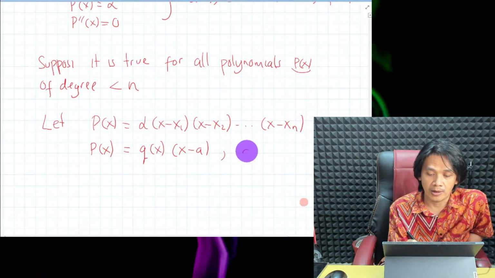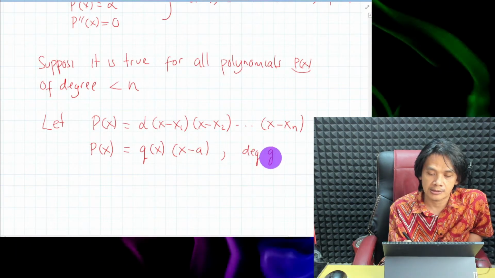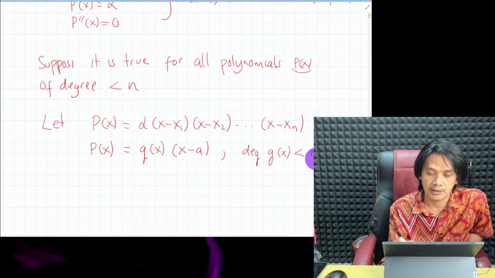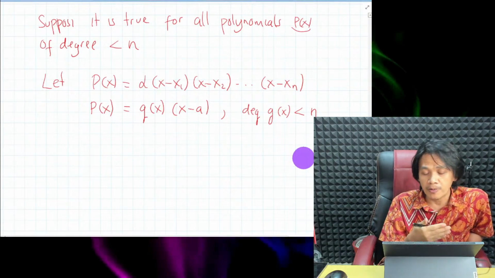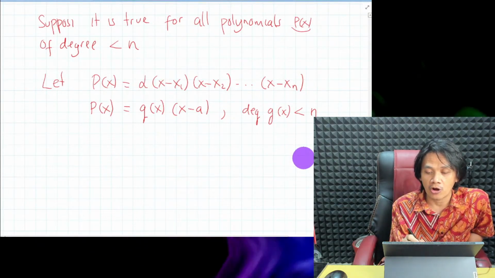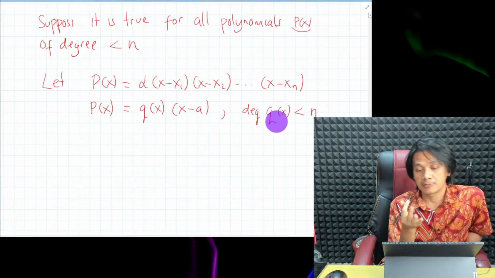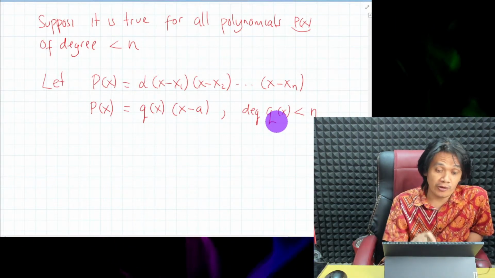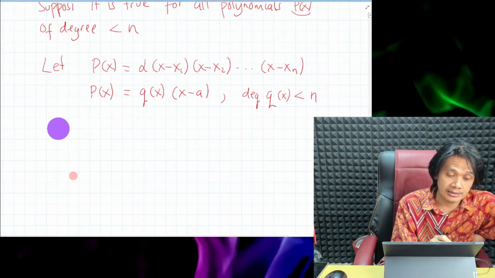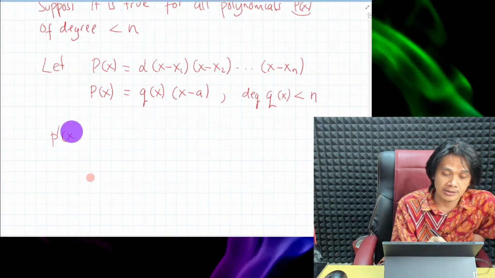So where the degree of q of x is less than n. So we are hoping to use induction on the polynomial q later, if we need it.